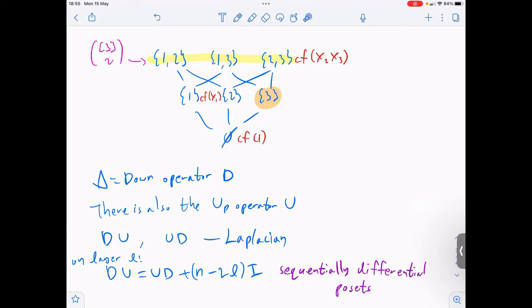So you can look at the eigenspaces of the Laplacian. It turns out that you can get them in exactly the same way as we had above, by looking at the kernel of the down operator. I won't describe it explicitly, but this is another way of looking at the same decomposition into eigenspaces in a more general setting. And this way you can do it, for example, for the Grassmann graph, and it still works.